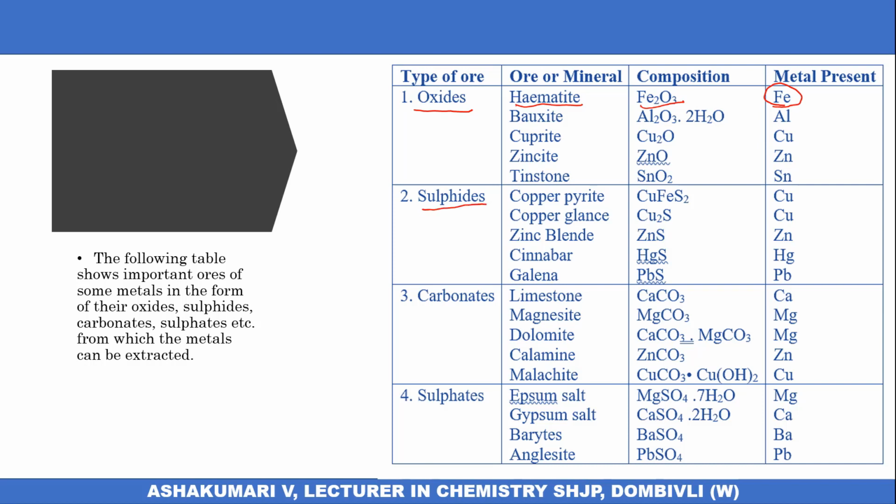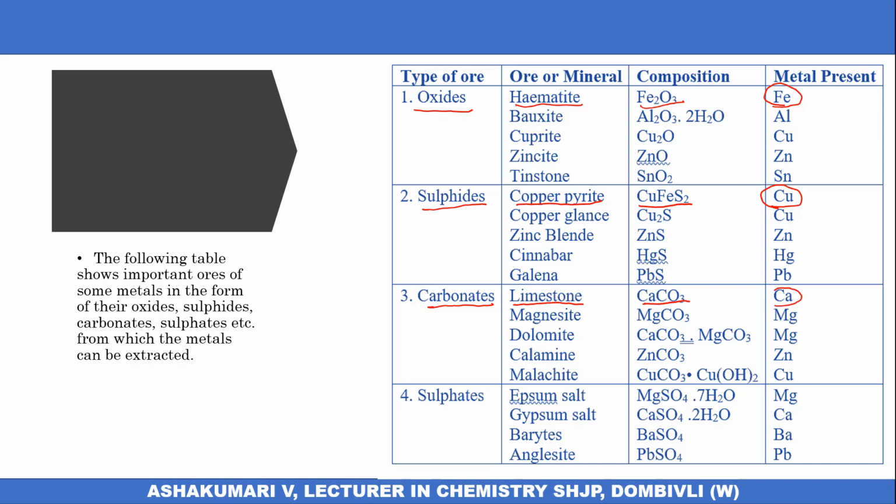Next, consider sulfide ore. Copper pyrite is a sulfide ore. Its composition is CuFeS2. We can extract copper from copper pyrites. Consider carbonate ore. Limestone is a carbonate ore. Its composition is CaCO3.